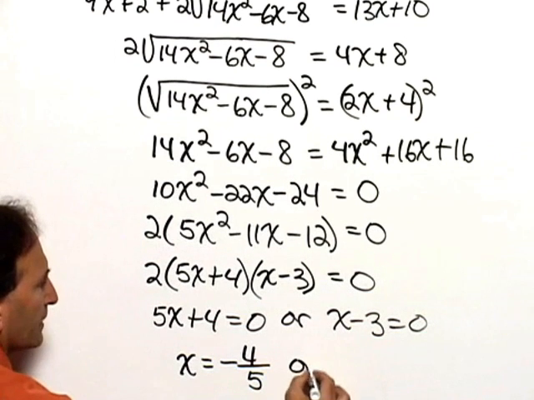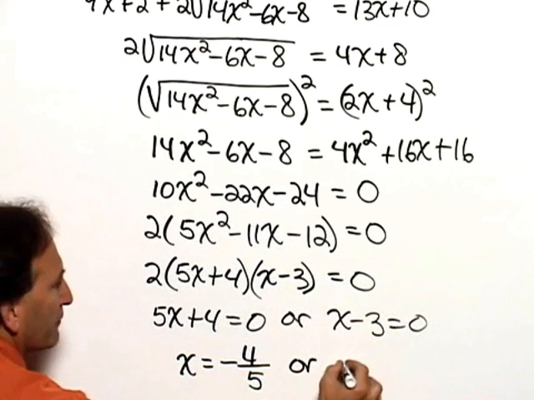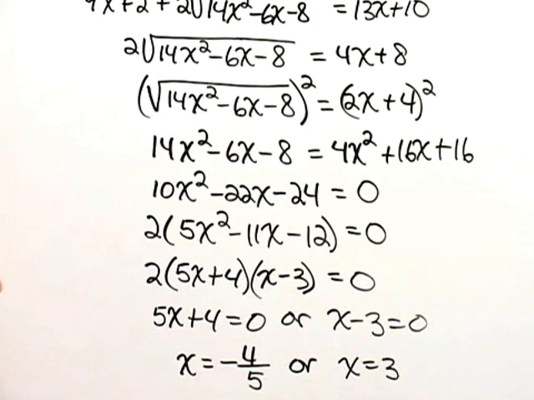On the right-hand equation, we simply add 3 to both sides, which gives us the result x equals 3. So we have two possible solutions, x equals negative 4/5 or x equals 3. We need to check both of them, so let's do that next.